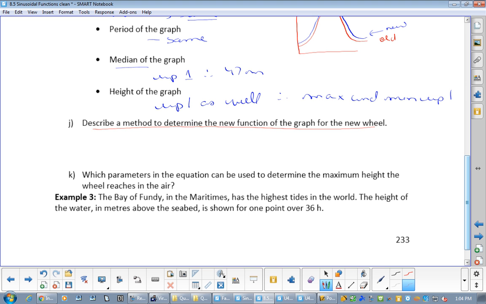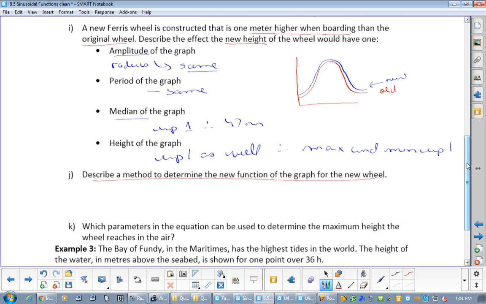But it wants the new equation. So they may not go through this part for you. But all they'll say is a new Ferris wheel was constructed and they did it 1 meter higher. What would be the equation for it? So which value are we changing?